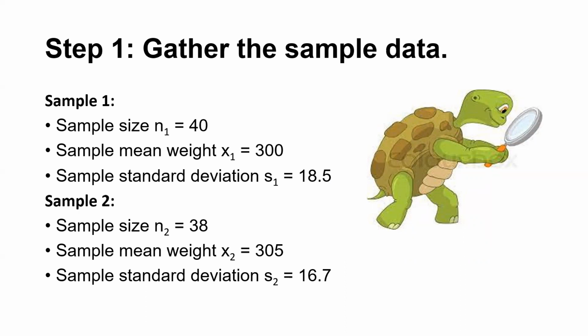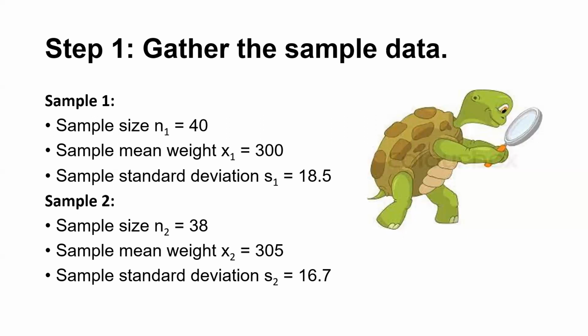Obviously, these two samples' average weights are not equal. Also, remember that a good sample size is one that has more than 30 observations. So both of these samples are good because one of them is 40, one of them is 38. So they are both higher than 30 observations. So that's a good sign.